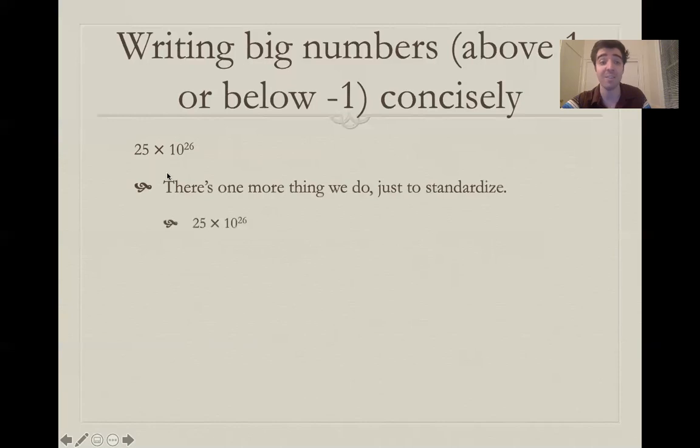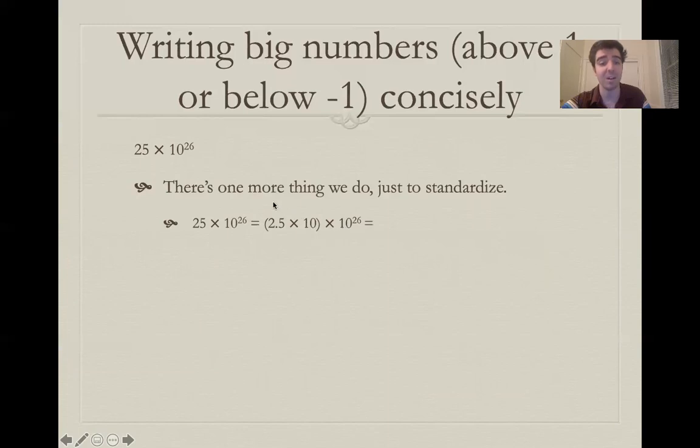To do that, notice that 25 times 10 to the 26 is the same as 2.5 times 10 times 10 to the 26, basically splitting this 25 into 2.5 times 10. If I wanted to, I could take this 10 and basically bump it over to the 10 to the 26.